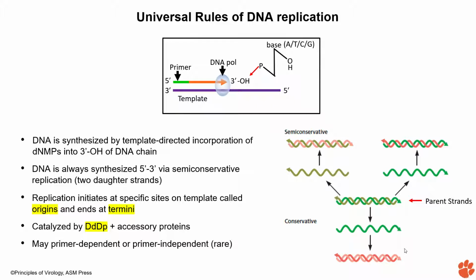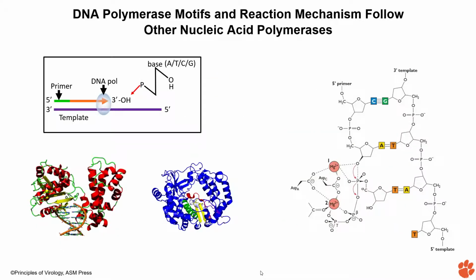Is conservative replication the rule, or semi-conservative replication the rule? I can guarantee 99.9% will not believe that there is a conservative one, because no textbook will tell you that conservative DNA replication actually happens, but there is an exception. So that's just for fun. I put that reference at the bottom, but it has nothing to do with our topic as such. We are going to see all semi-conservative replication in the whole virus replication.